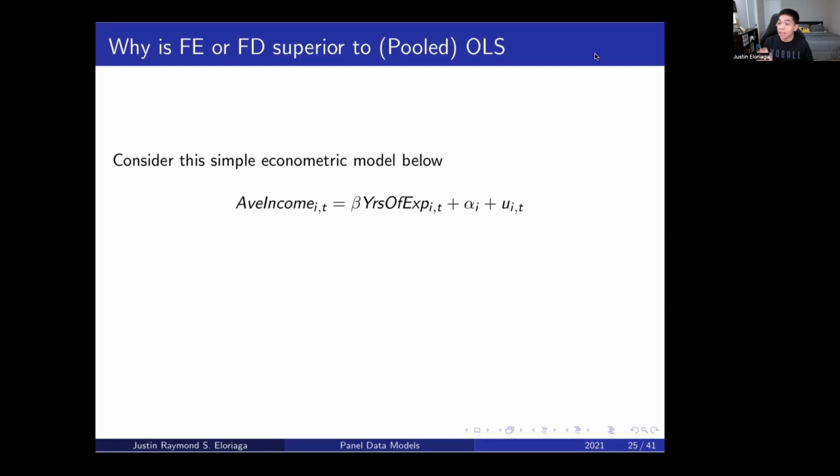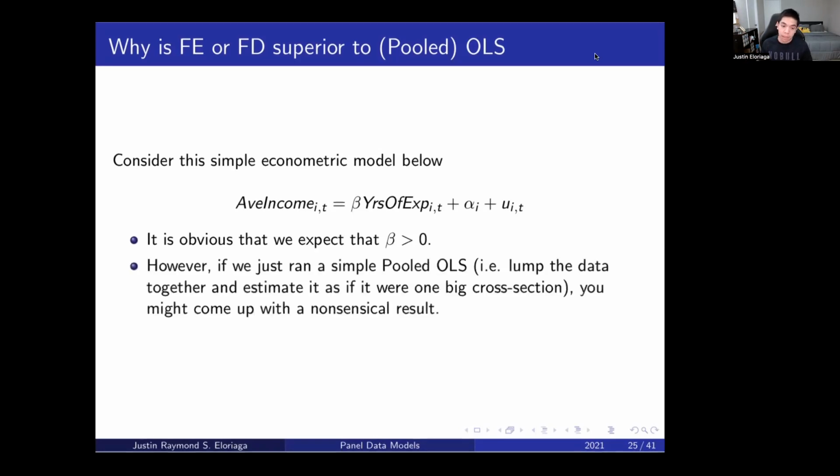Okay. Now, one way for us to show the superiority of fixed effects over a normal pooled OLS is to show it in a graph. And I think this one will bring all of the things together. So consider this model. We want to regress average income against years of experience. Let's forget green space for a moment. Let's use years of experience. It is obvious that the average income of a person is expected to be higher the more years of experience they have, right?